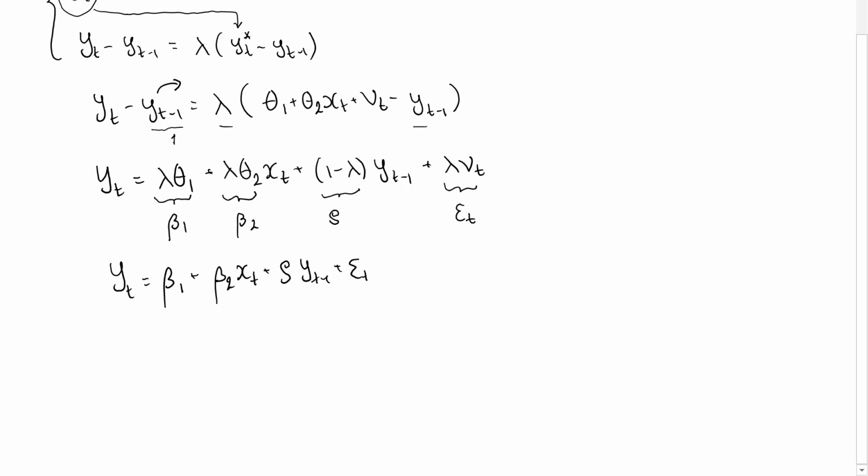And if you look at this model, you see that this is exactly an ADL 1,0 model. So there are a couple of ways to view this. The first one is to realize that the partial adjustment model is just a special case of the ADL 1,0.